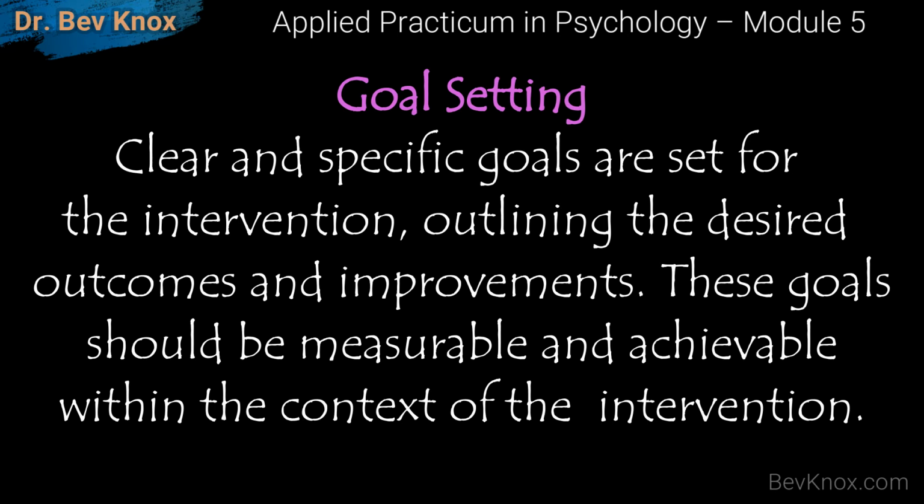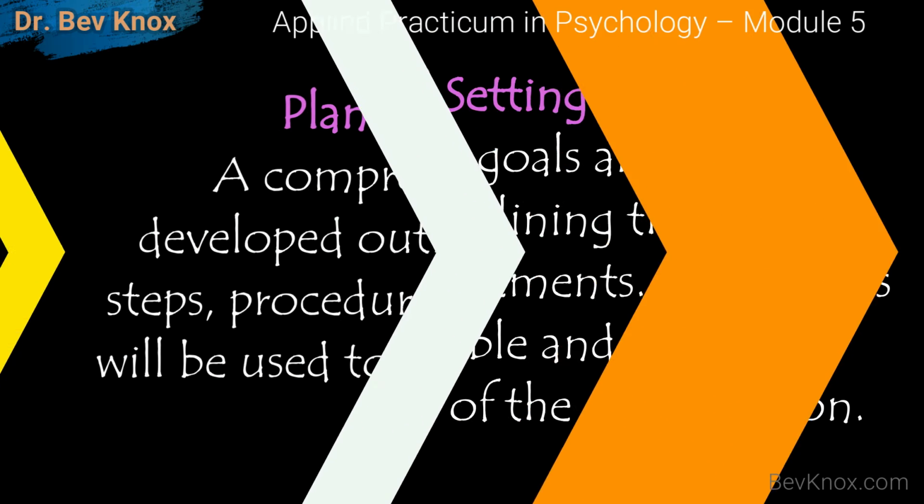Third, goal setting. Clear and specific goals are set for the intervention, outlining the desired outcomes and improvements. These goals should be measurable and achievable within the context of the intervention.